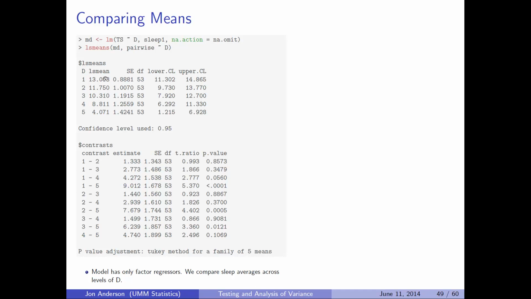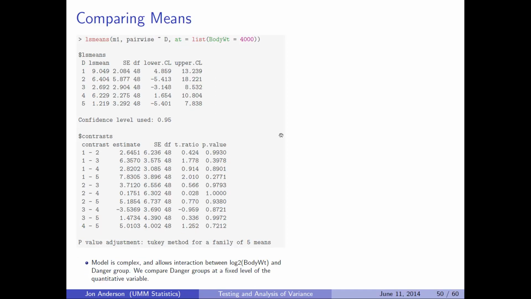We get a listing of all the group averages, and then we get comparisons. The first one compares danger group 1 to danger group 2, and you can see that danger group 1 has about 1.33 hours of sleep more than danger group 2. So we would compare danger groupings in this contrasts area.